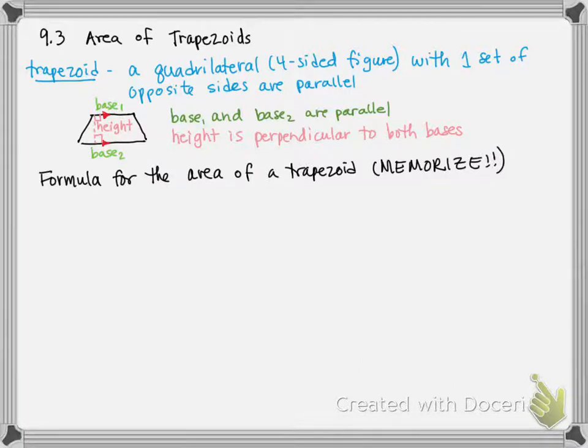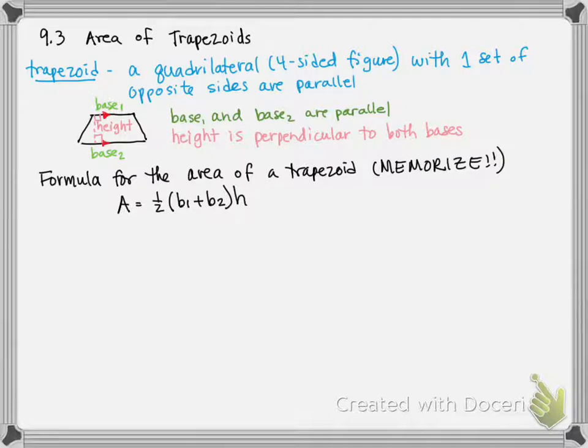And it looks like this. A equals 1/2 the sum of base sub 1 plus base sub 2 times the height. So you have three numbers that go in there, and a fourth number, the half.